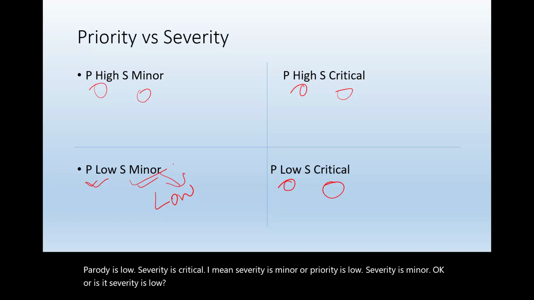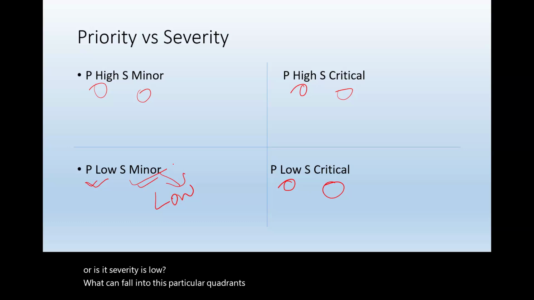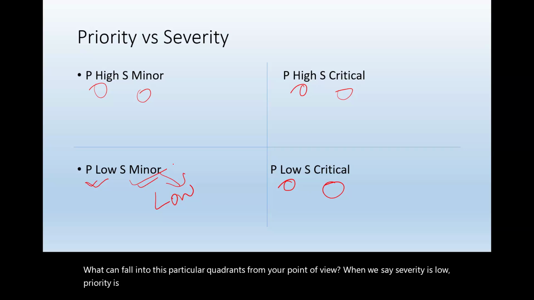What can fall into these particular quadrants from your point of view? When priority is low and severity is low, what falls into this quadrant?